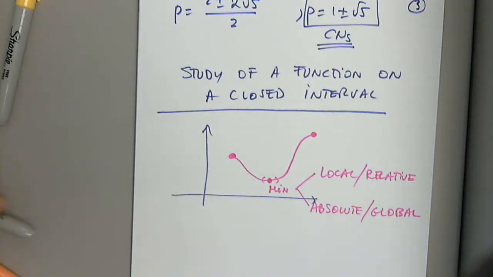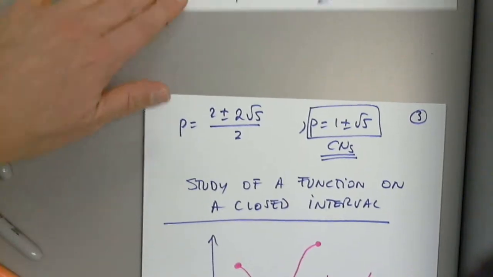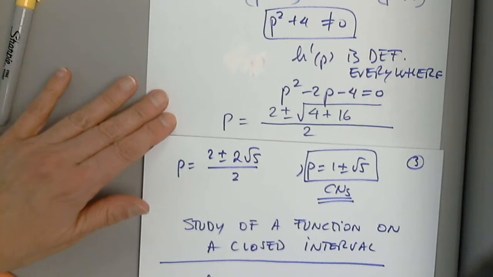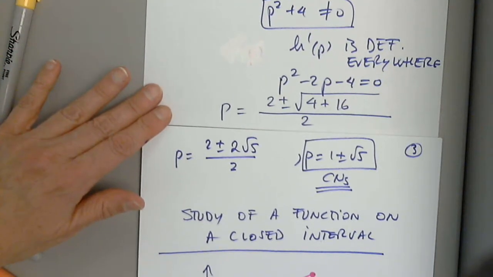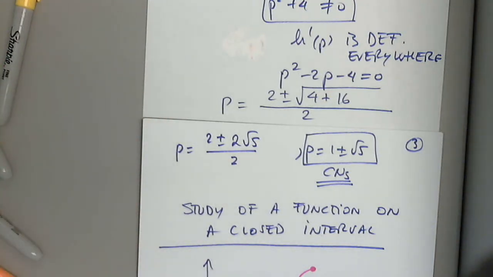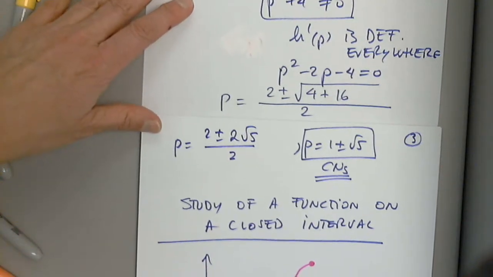Yes, please. Can you go back to when you're doing the quadratic formula? Yes. So it's negative b plus or minus the square root of b squared minus 4ac. And 4 plus 16 is 20, and I simplified it as 2 times the square root of 5. Is that okay? Everyone? Any questions? Is this okay?